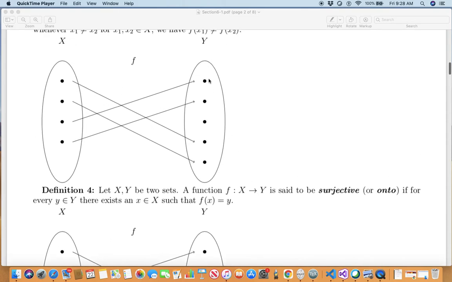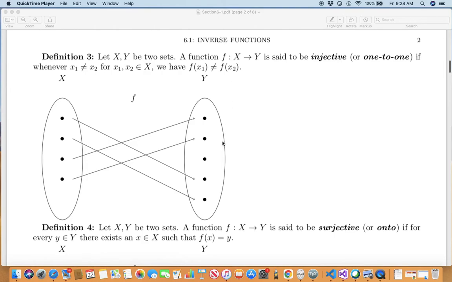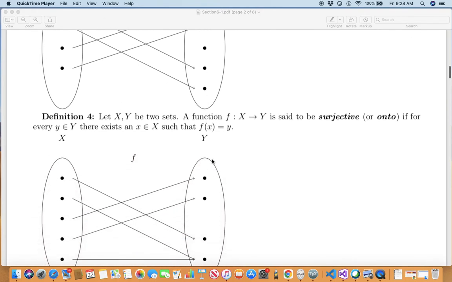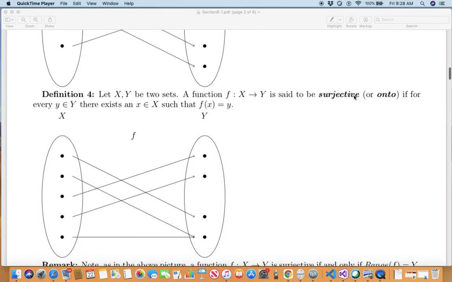So notice here in the previous case, this particular y did not have anyone go to it. That's not okay. In a surjective function, every element must be hit. It's okay if two passengers go to one destination, but every destination must be hit. That is surjective.